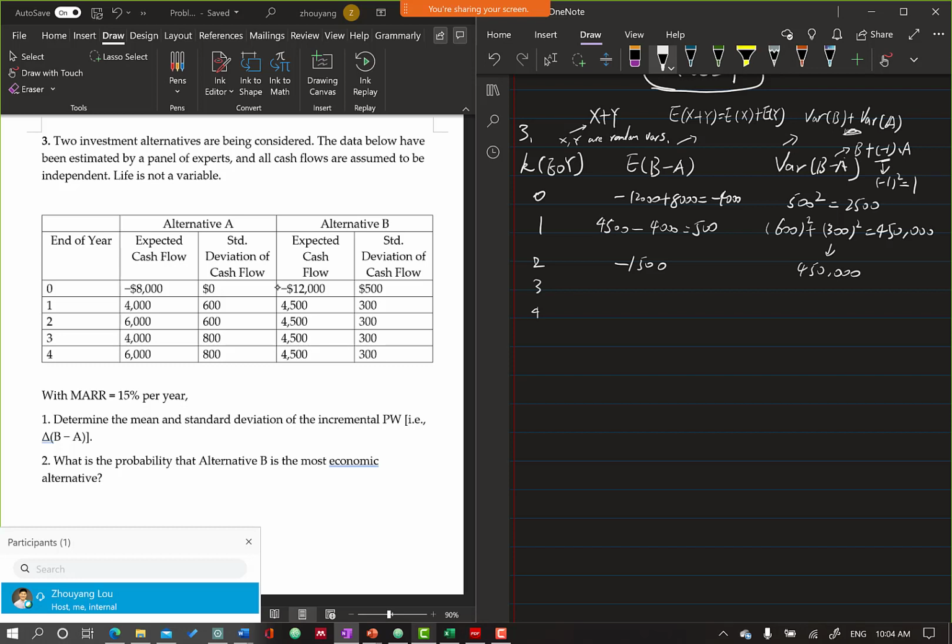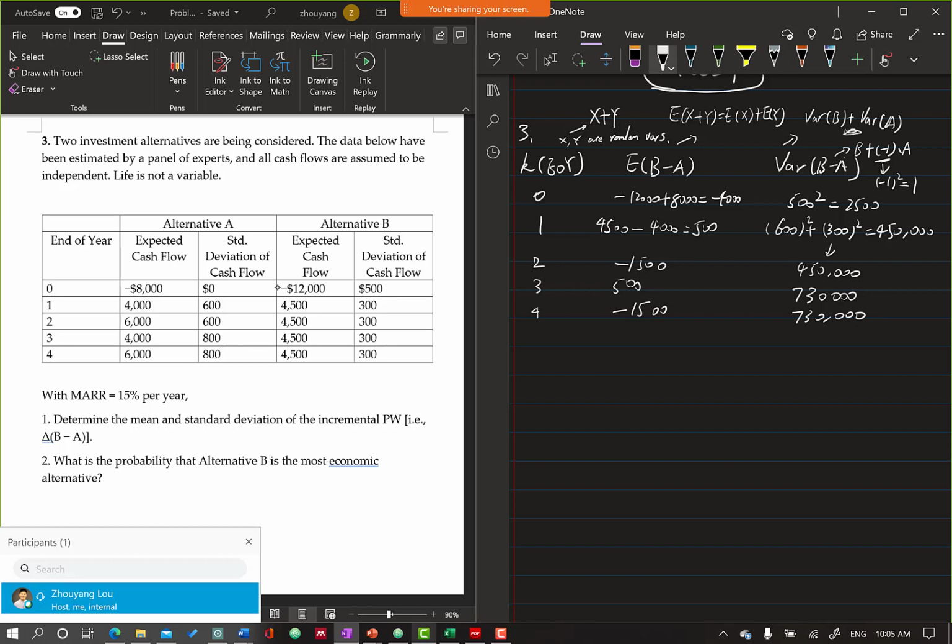For the third year, that's 4,500 minus 4,000, that's 500, and 800 squared plus 300 squared, that's going to be 730,000. And for the fourth year, 4,500 minus 6,000 is minus 1,500, and 300 squared plus 800 squared, that's going to be the same thing. This guy.